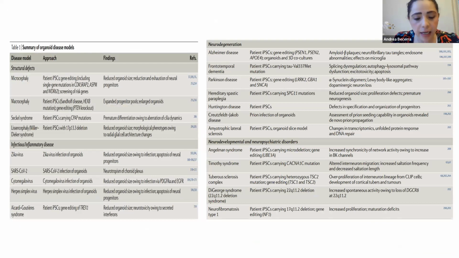This is basically the work that I have done. These are very basic models. It was a first screening. However, in the last 2 years, there have been several studies for different models in neurological disorders. We have mostly organoid models for structural defects, infections and inflammatory disease, neurodegeneration, and neurodevelopmental and psychiatric disorders.